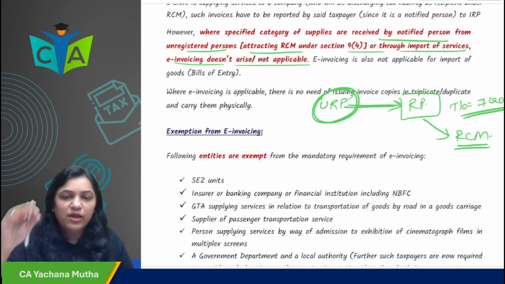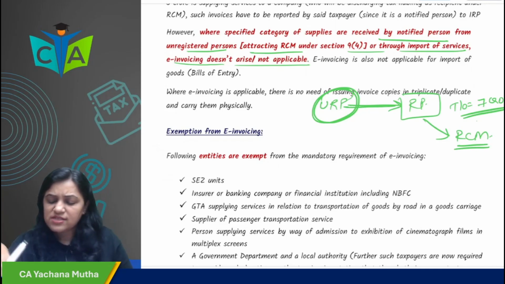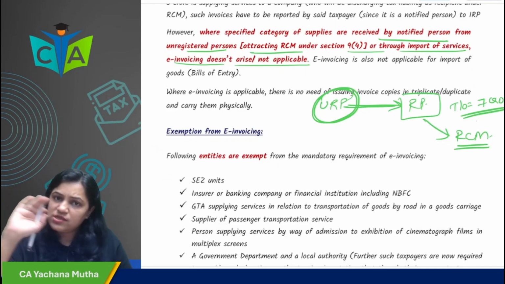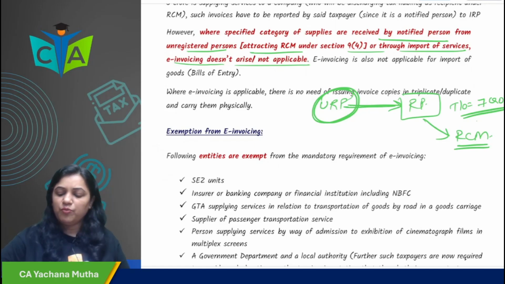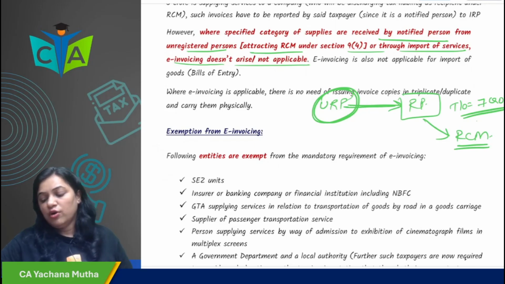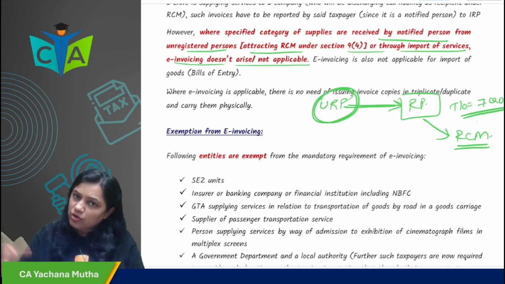But on this inward supply, you are not required to issue e-invoice. You will also pay tax under RCM in this case, but e-invoicing is not applicable. Also, if you are importing services, say your turnover is 15 crores, you will pay the tax under RCM, but that is your inward supply. You are not required to issue e-invoice. So e-invoice is applicable only for your outward supply.